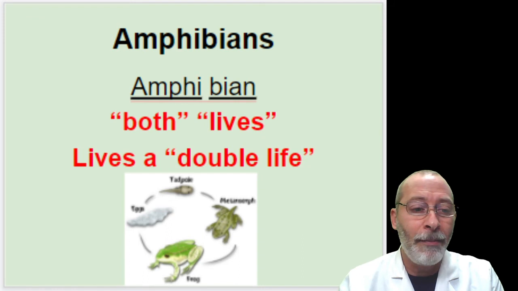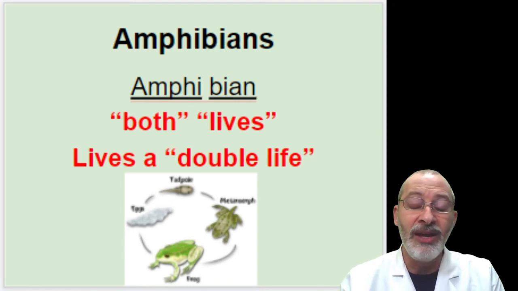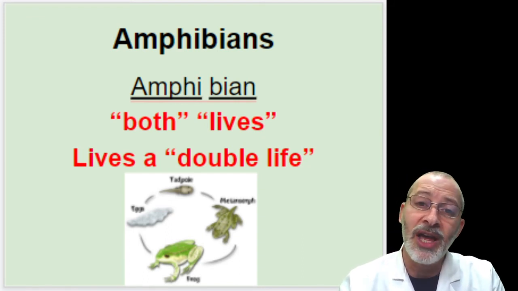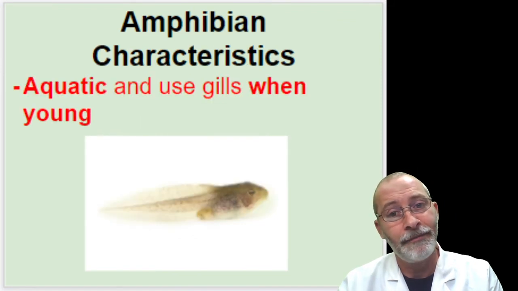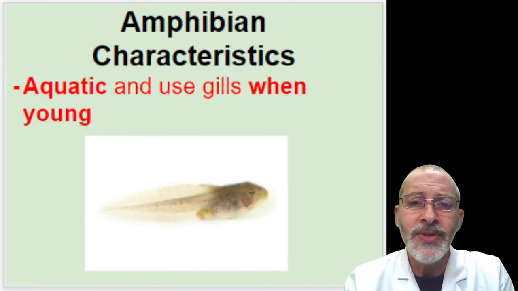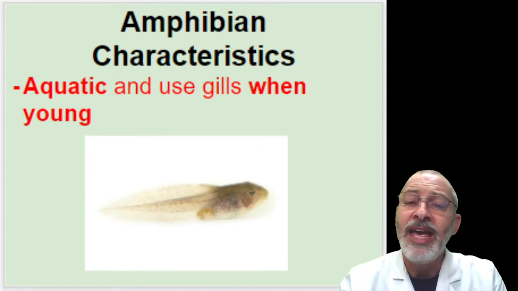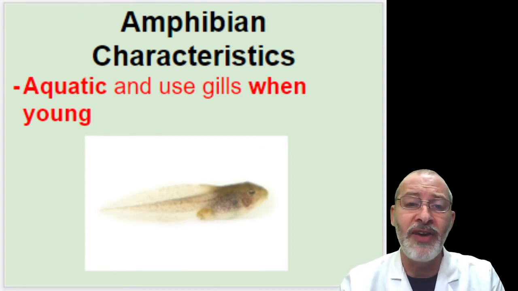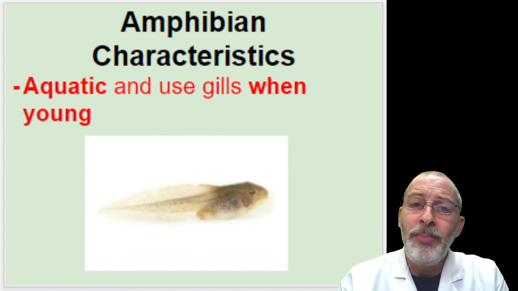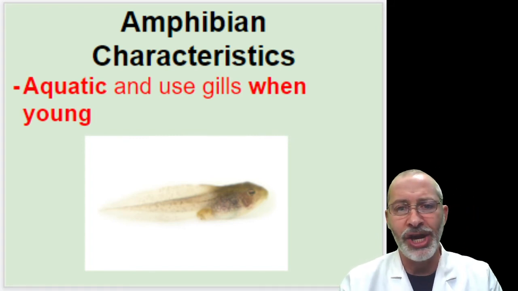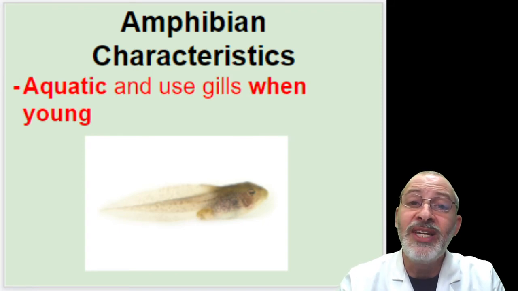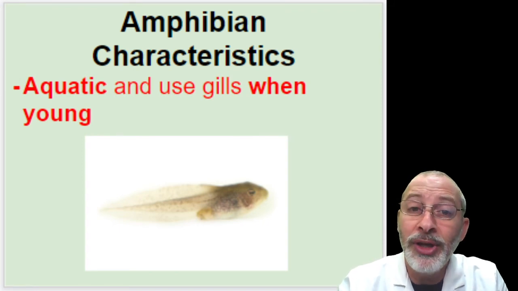Now, this double life involves part of its life in the water, part of its life on land. And so some of the characteristics of amphibians include the fact that amphibians are aquatic when they are young, and they use gills to breathe.